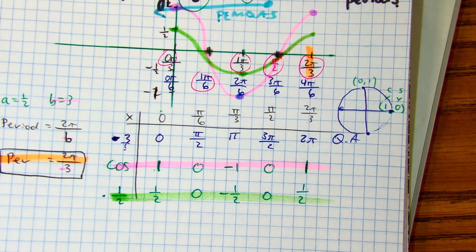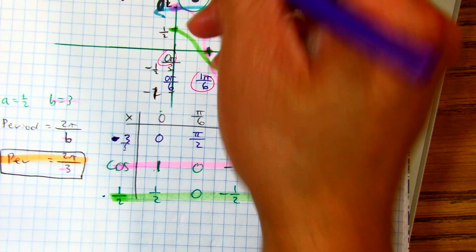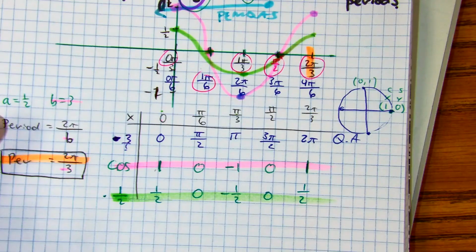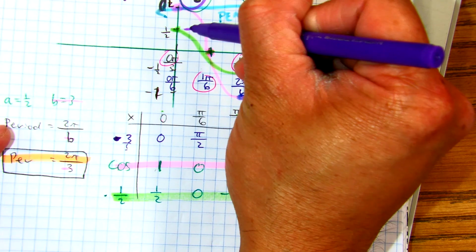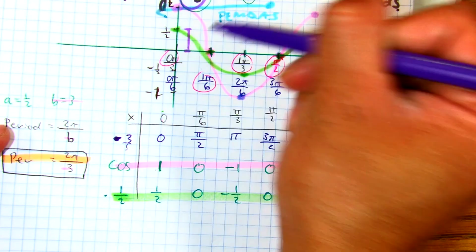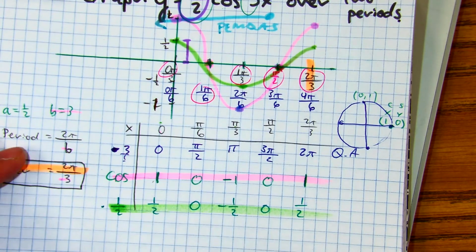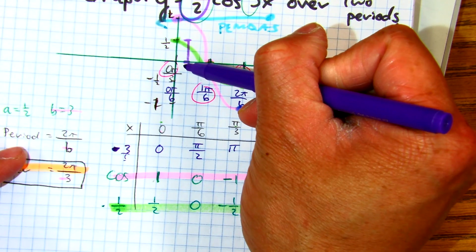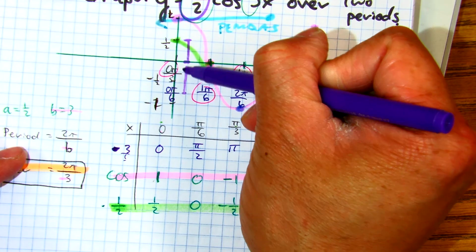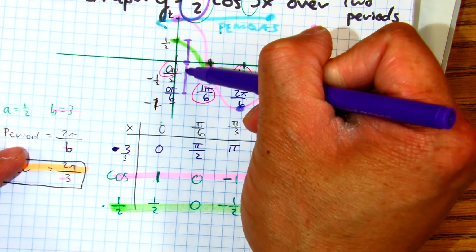Okay. Your amplitude is 1/2, yes? The amplitude is the distance from your maximum to the midline. It's a distance. So this is 1/2, and the absolute value of 1/2 is what? So absolute value of negative 1/2 is also 1/2. So the amplitude is this purple or this purple.